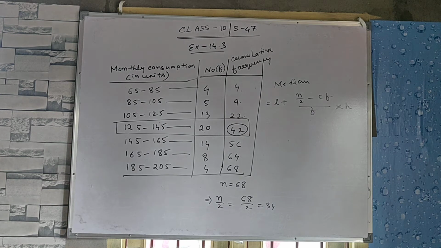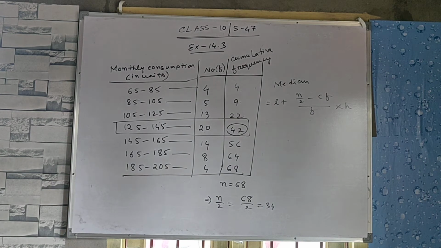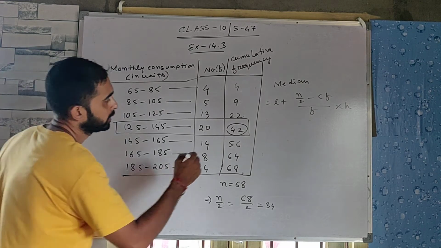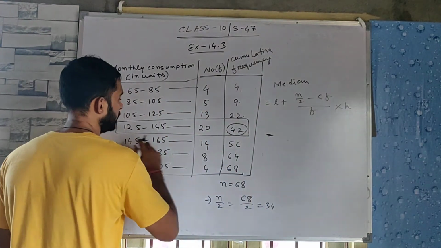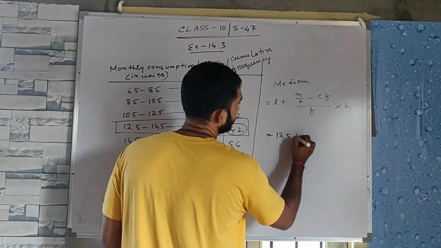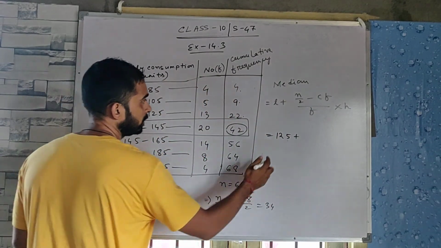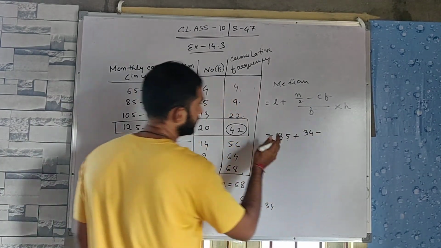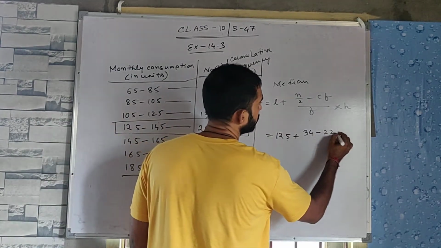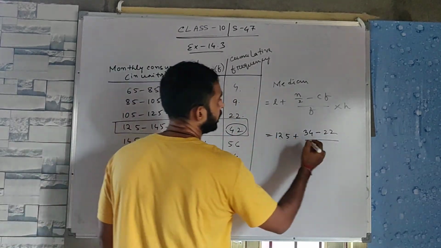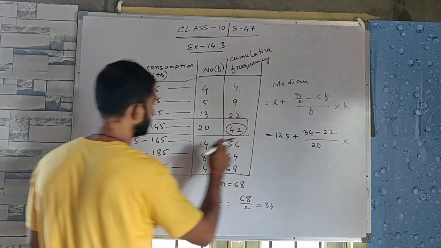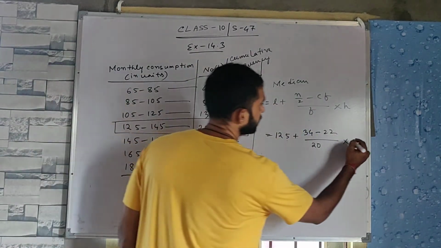Now we have to replace the values from the table and find the answer. L equals 125 plus n by 2, 34, minus CF, 22, by F, 20, into H, 20.